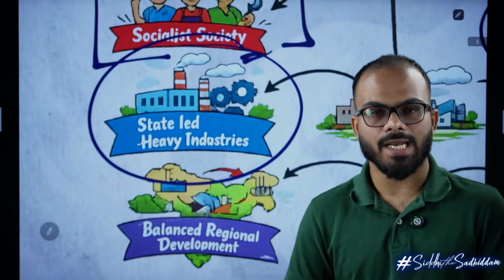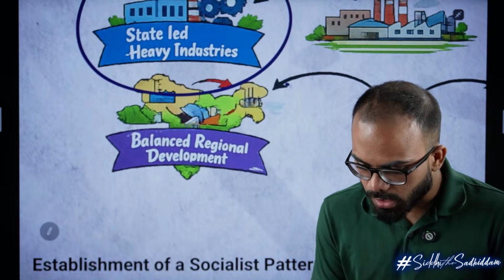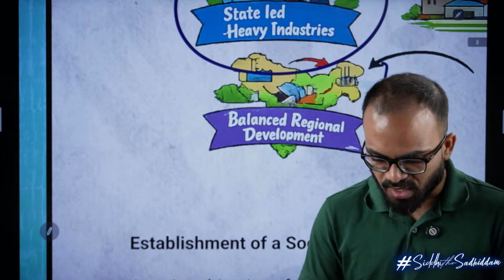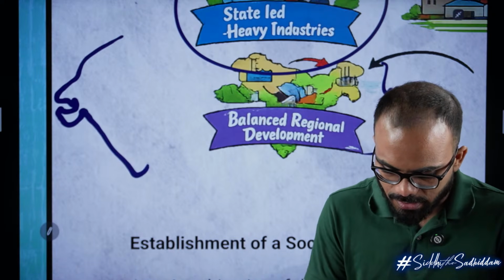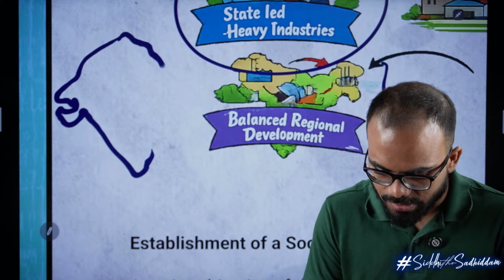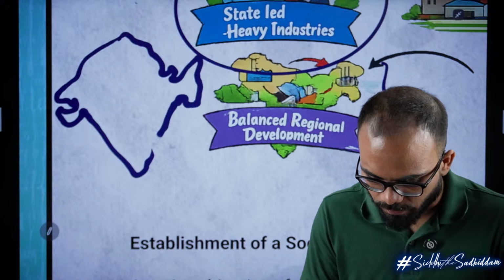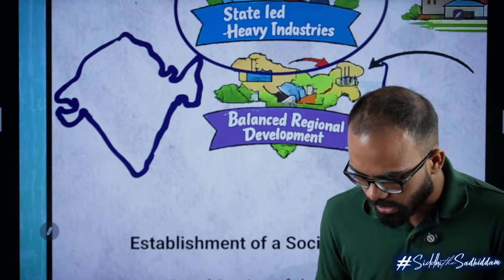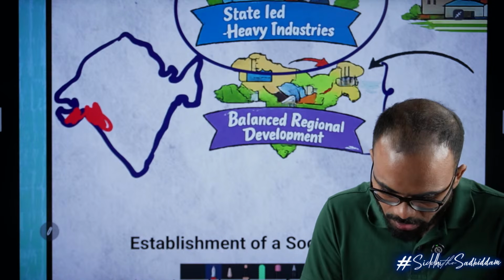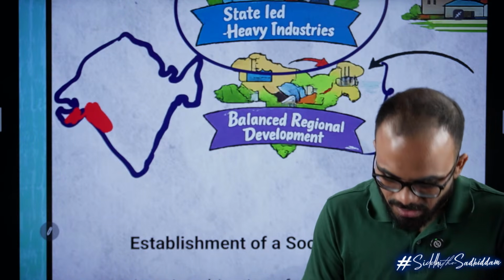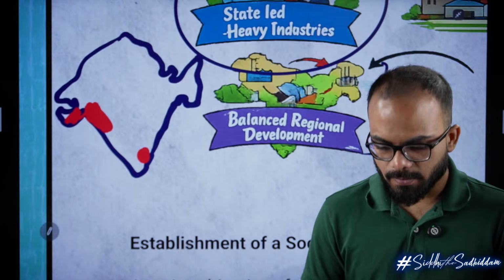So we wanted state-led heavy industries and we wanted balanced regional development. See, before the industrial policy, India's regional development was pretty skewed. Development was there only in certain specific areas. For example, the regions of Gujarat, Ahmedabad, Bombay, this was one developed region. A part of the Madras region was developed.